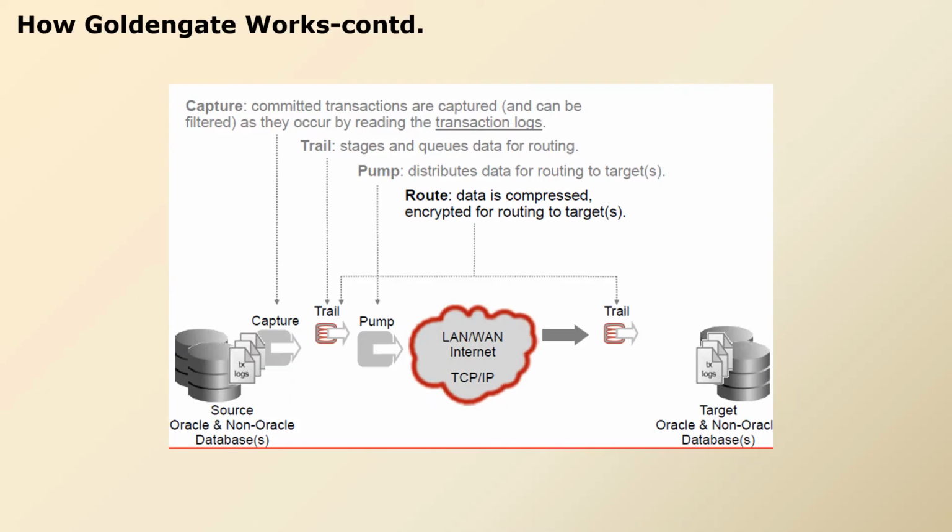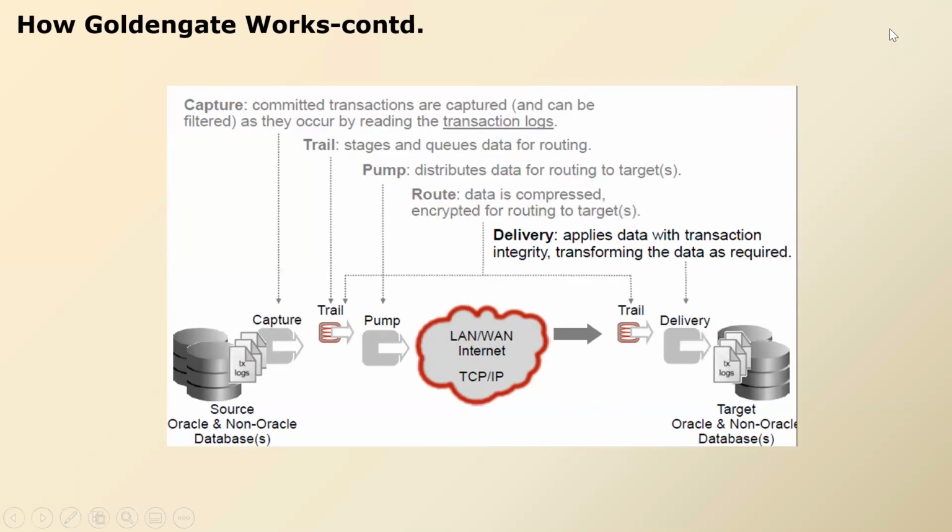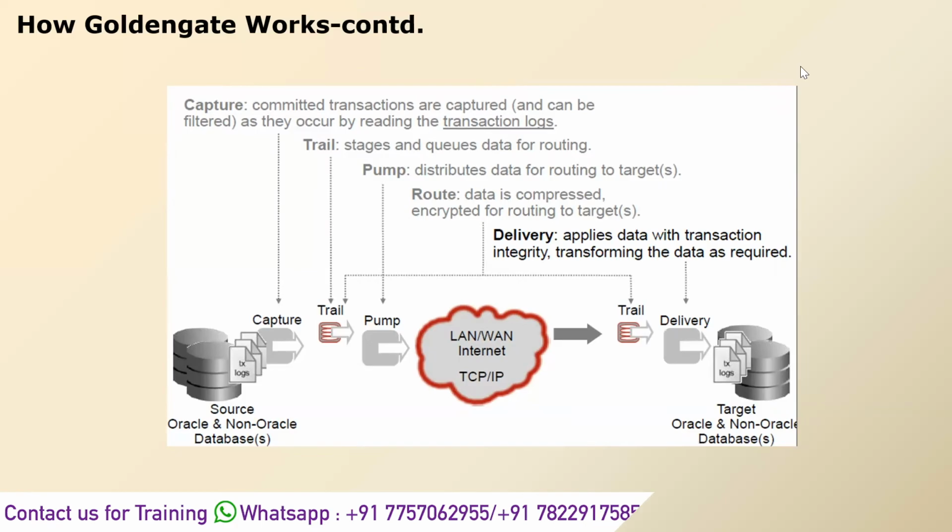Once the data becomes available in the remote trail file, the GoldenGate delivery process, which is also called the replicat process, reads the changes from the remote trail file and applies them to the target database.